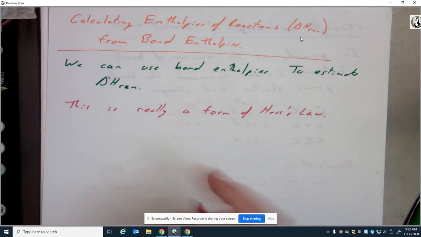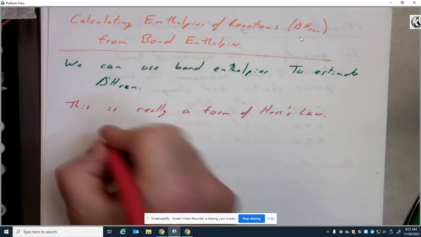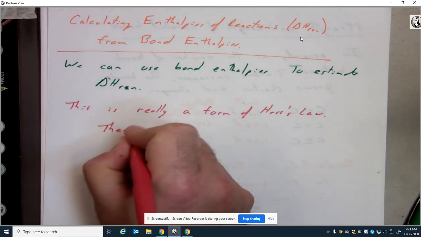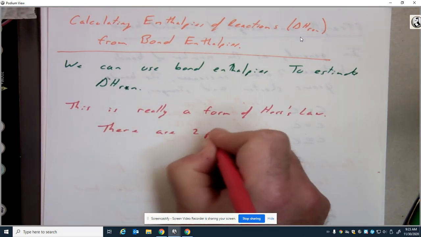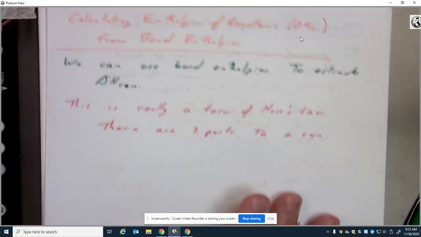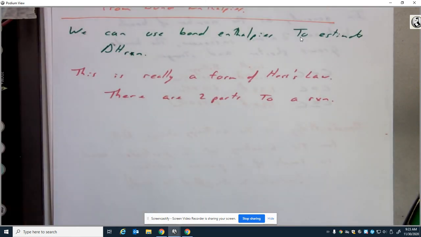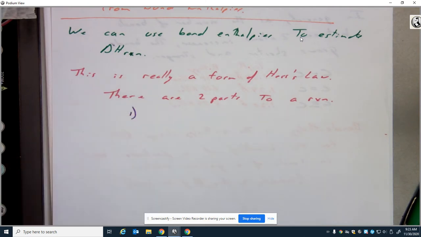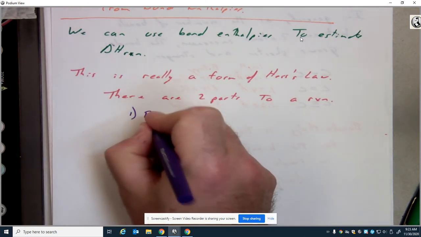So we can think of a reaction as two parts. The first part of the reaction is we're breaking old bonds.